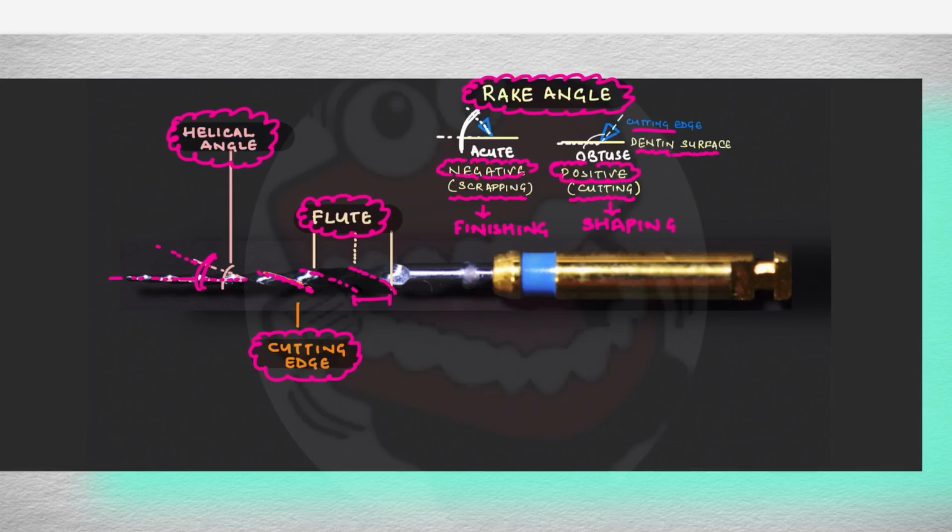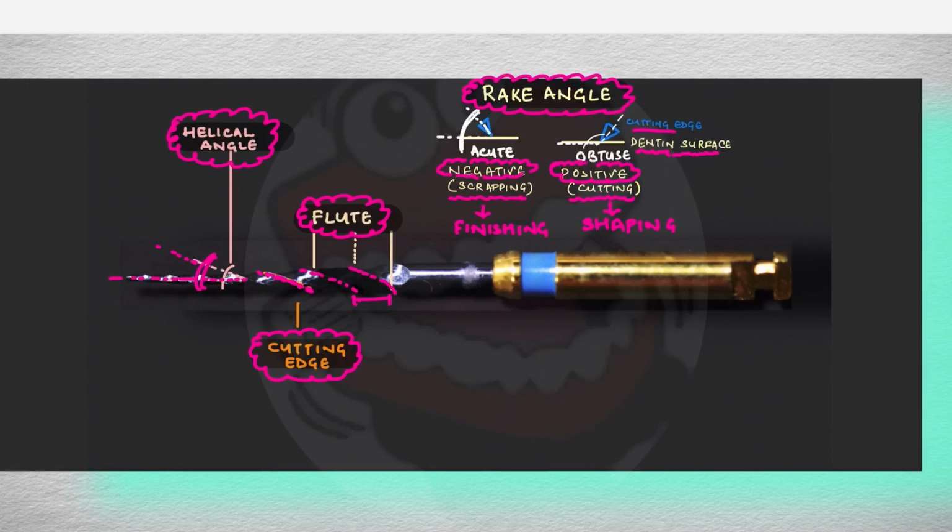Okay, so these were the different points that we talked about. One was the helical angle, that was the angle made between the long axis and the cutting edge. Then the flute, the segment between the two cutting edges. Then the cutting edge, that was a line, or the leading edge as we refer to it. Then there was a rake angle, which can be either negative or positive. The negative angle can lead to the finishing action or scraping action.